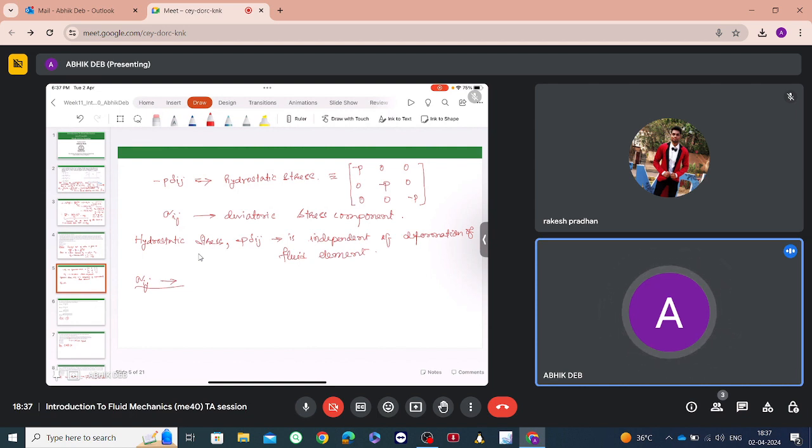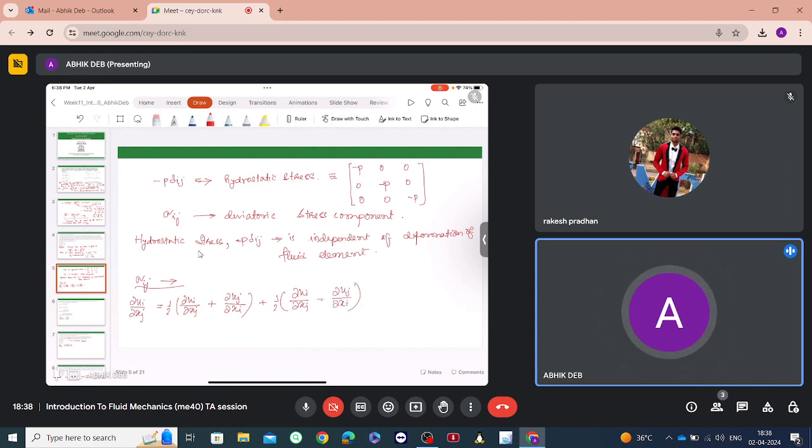So for the sigma ij, before we go into this, del ui del xj is equal to half of del ui del xj plus del uj del xi plus half of del ui del xj minus del uj del xi.